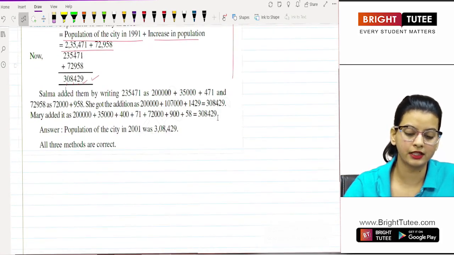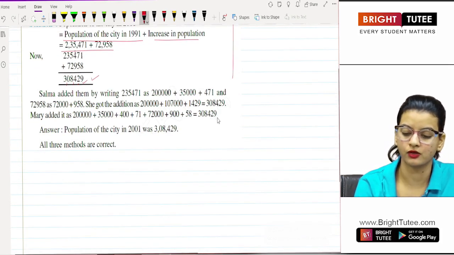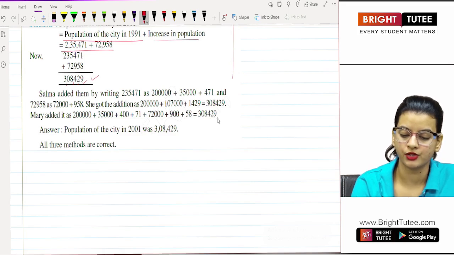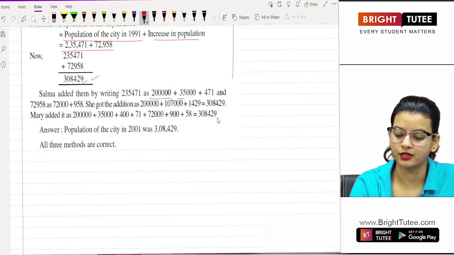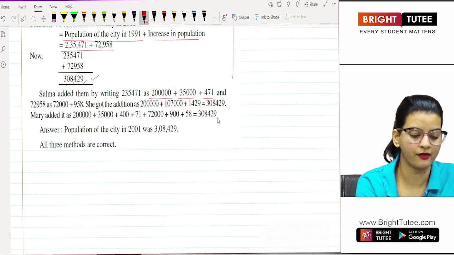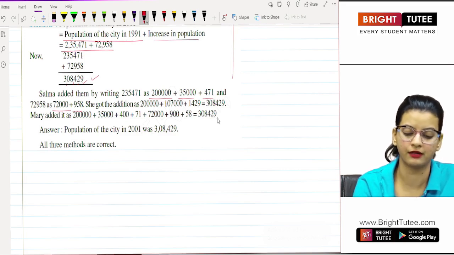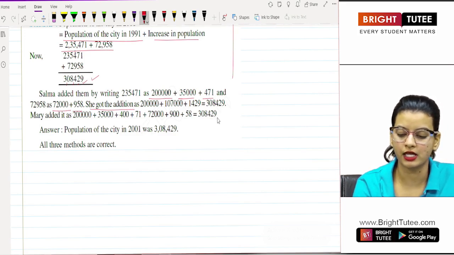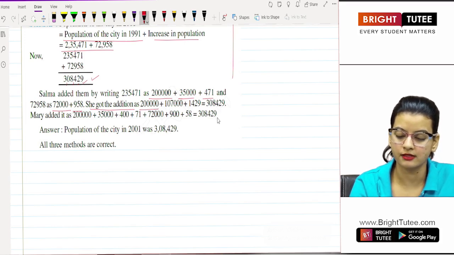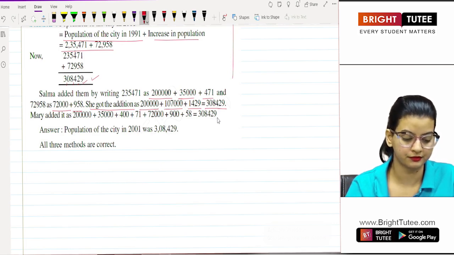So how did Salma add them? She wrote 2 lakh plus 35,000 plus 471 and 72,000 plus 958. She got the addition as 2 lakh plus 1,07,000 plus 1,429, which equals 3,08,429.